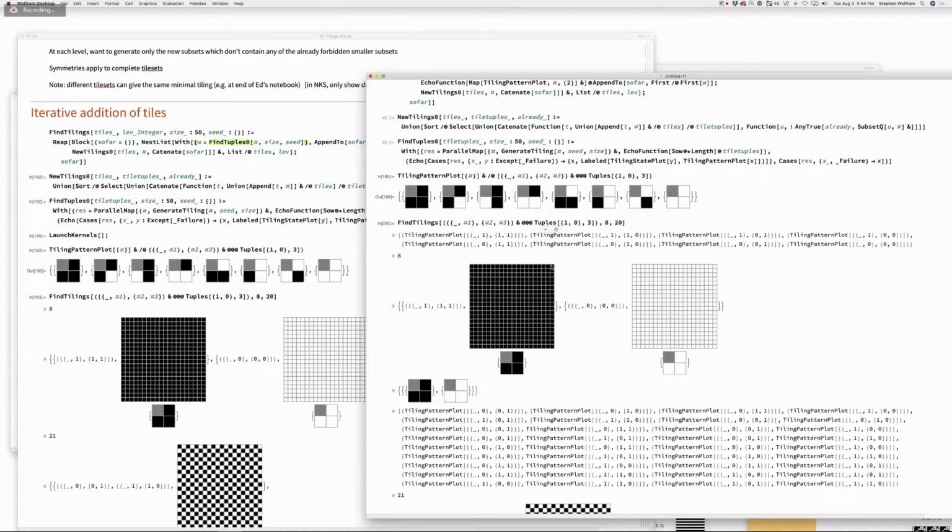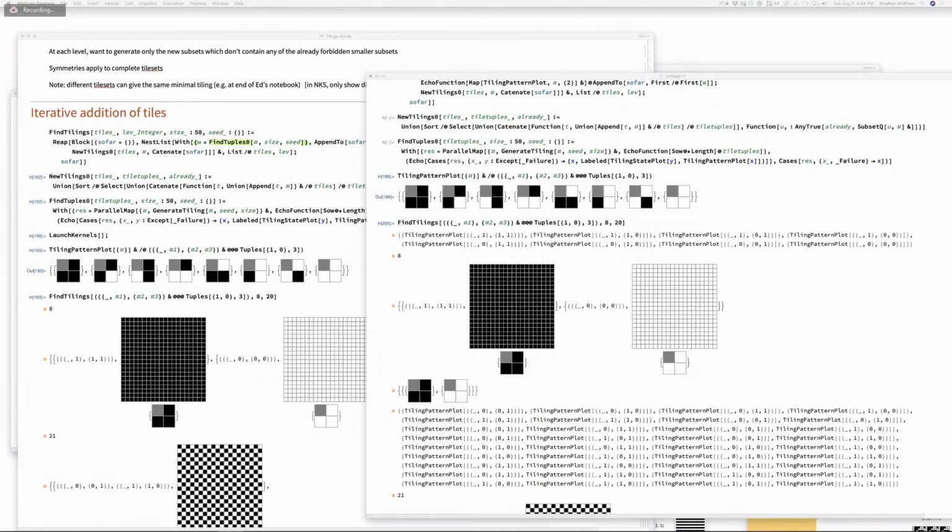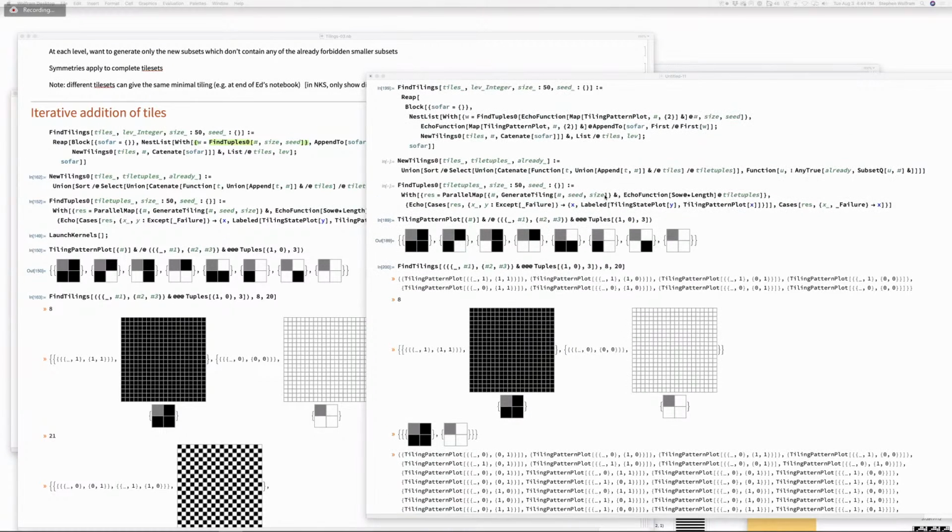What's going wrong here? Tiling pattern plot. Okay, what's going wrong?